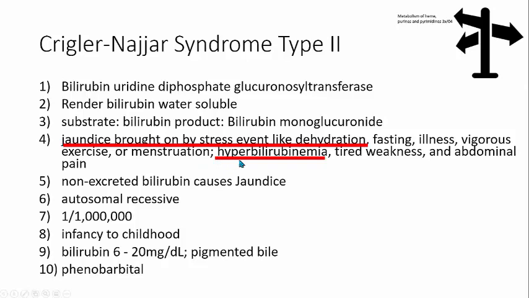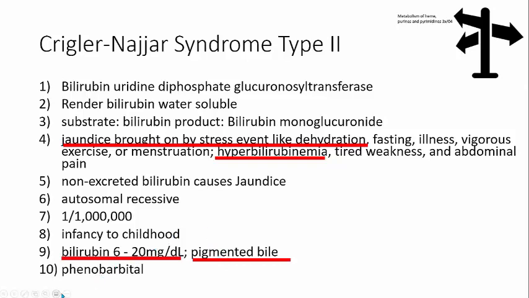We also see the hyperbilirubinemia, and we see elevated bilirubin, but it is typically less than we see with Crigler-Najjar syndrome type 1. These children have between 6 and 20 milligrams per deciliter, and they do have pigmented bile, as opposed to type 1, which had the unpigmented or very pale bile.